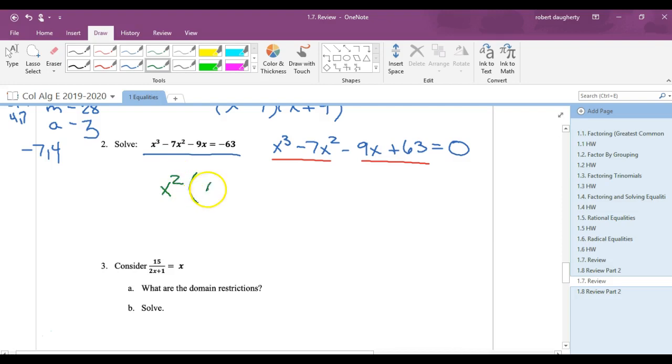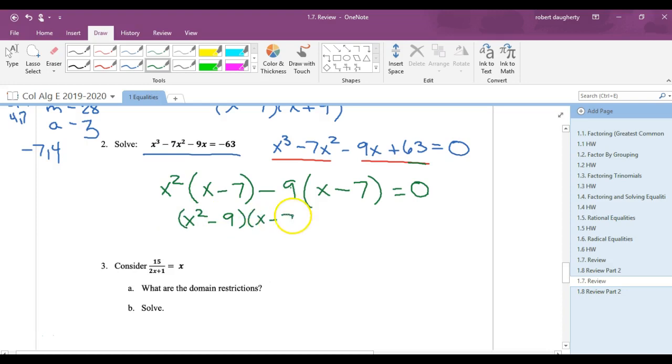If I factor that out, I'm left with x minus 7. Copy down the minus sign. What can I factor out of the next terms? It looks like a 9. So I factor that out, I get an x. What do you multiply -9 by to get a positive 63? That's minus 7. So I get x squared minus 9 times x minus 7 equals 0.